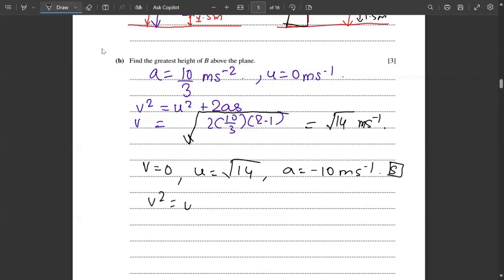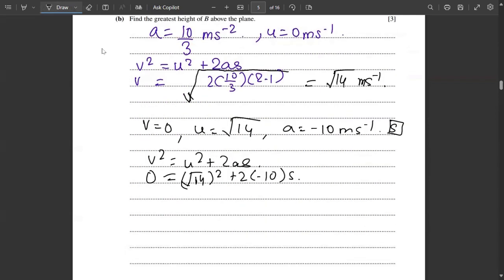So v square equals u square plus 2as, where v is 0, u is root 14, and a is minus 10. Displacement we will find out here. So minus root 14 the whole square upon 2 into 10 is equal to s.